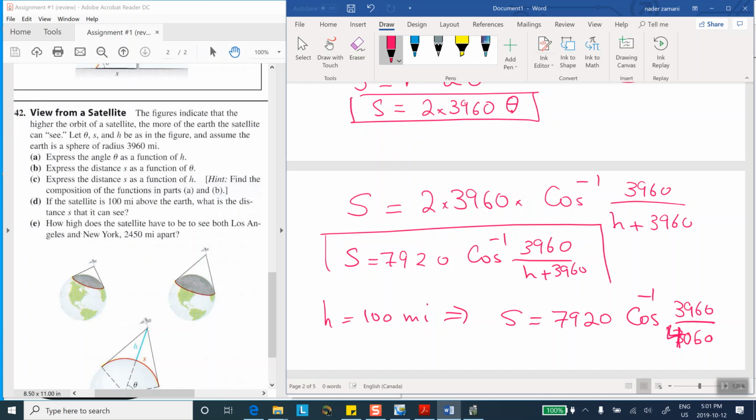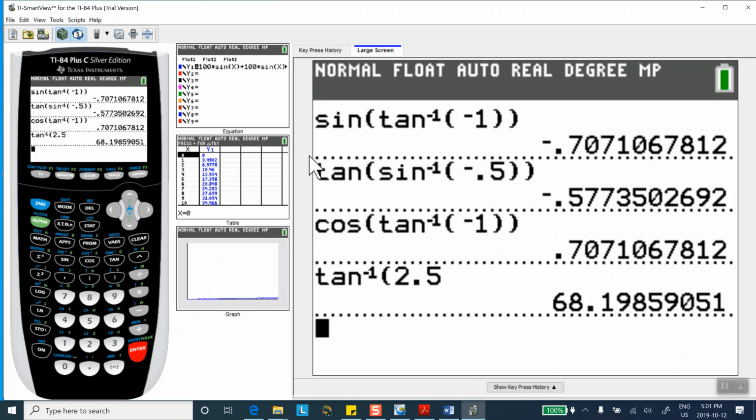What is the distance? We have to put this in our calculator now. I put down 7920 times cos inverse, second function cos inverse.